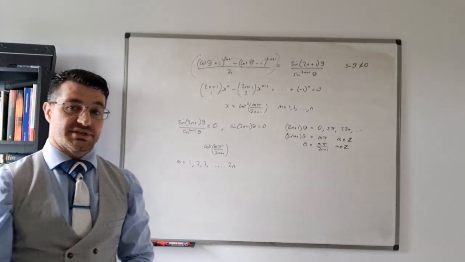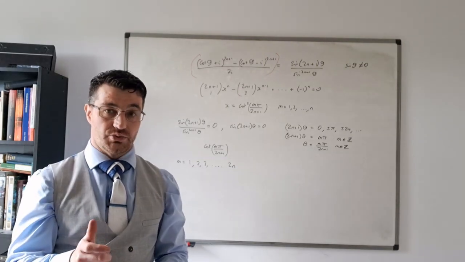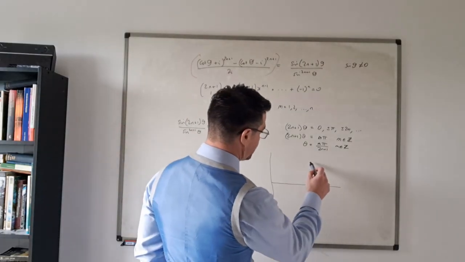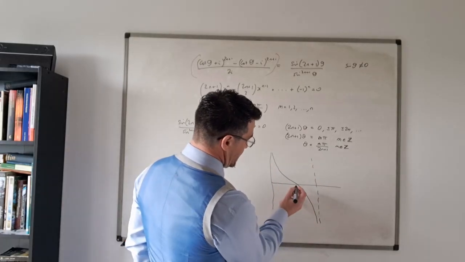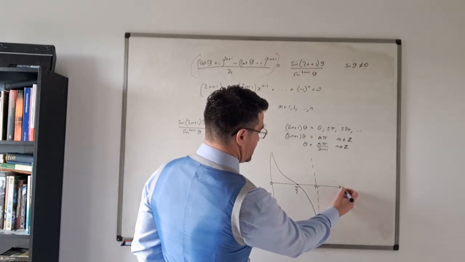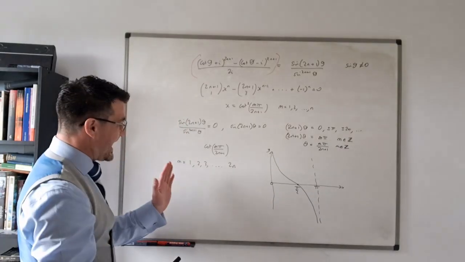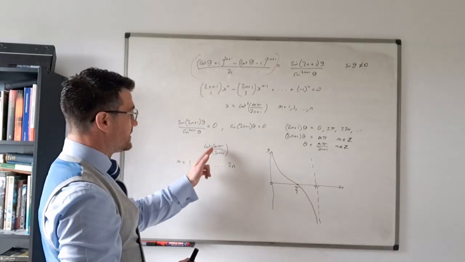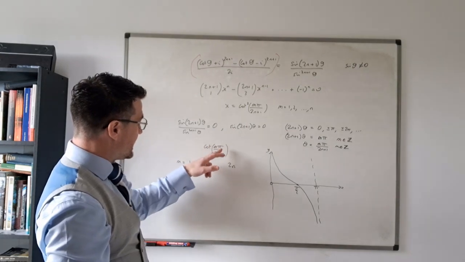Another thing that we can use is the rotational symmetry of cot about pi by 2. Here's pi by 2, 0, pi, x, y, whatever. So the first n values of m, 1 to n, are all going to give values in here.